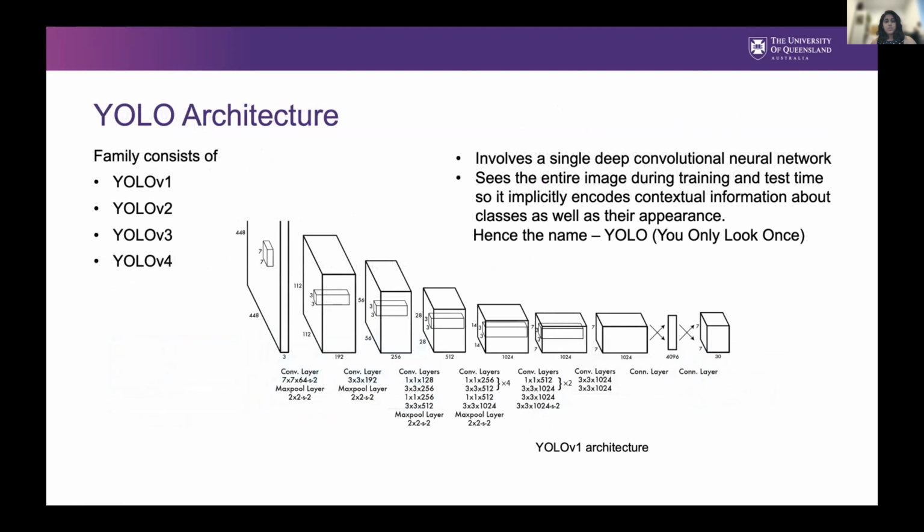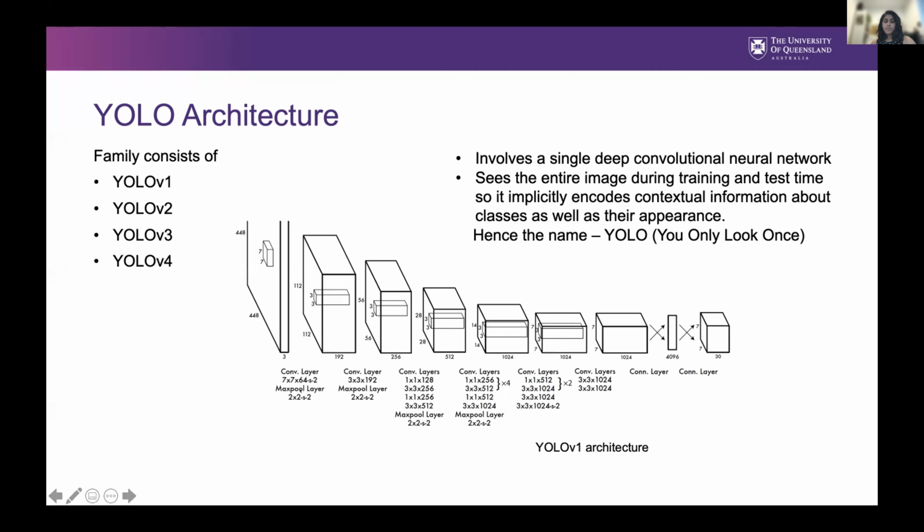So when it comes to the YOLO architecture itself, I should be updating this list actually. I think YOLO is at its version 7 now. I think version 7 came out in July this year, as I remember. So it has been evolving consistently, and this particular diagram is actually from YOLO v1, and it involves a very simple single deep convolutional neural network.